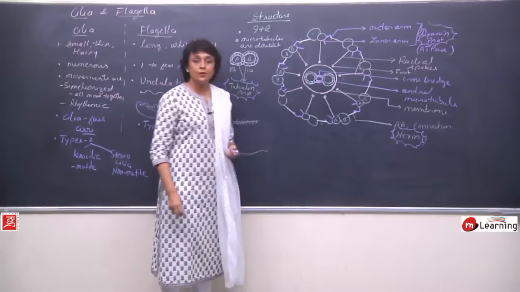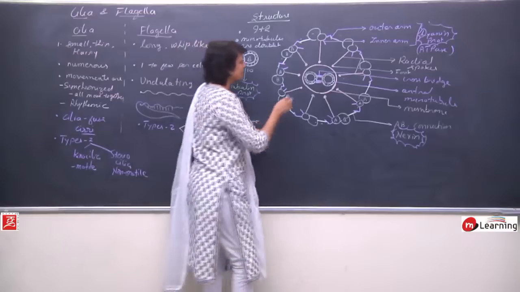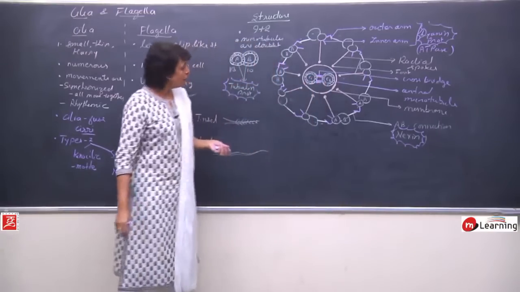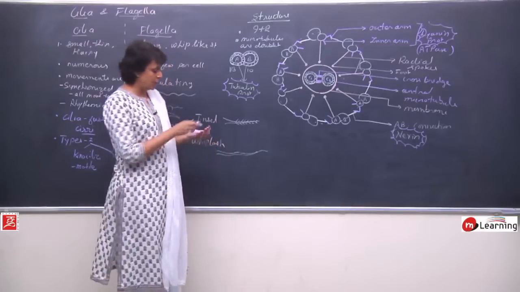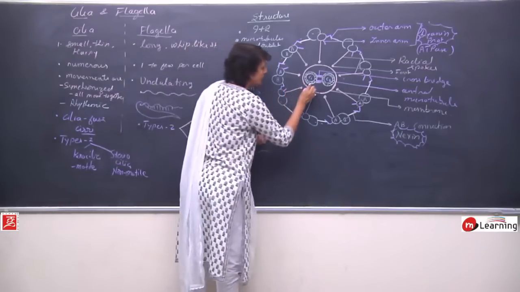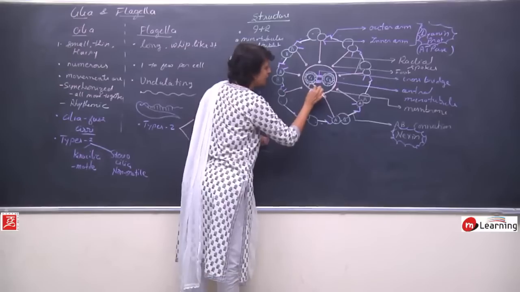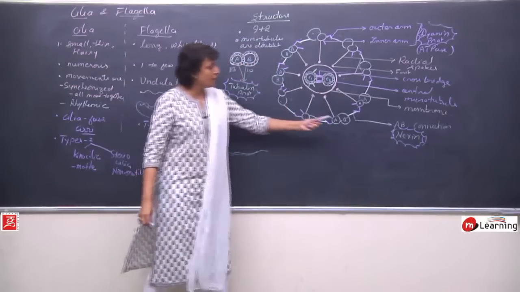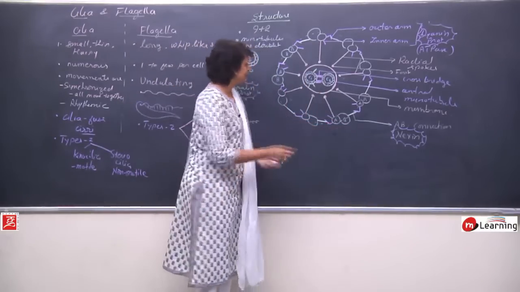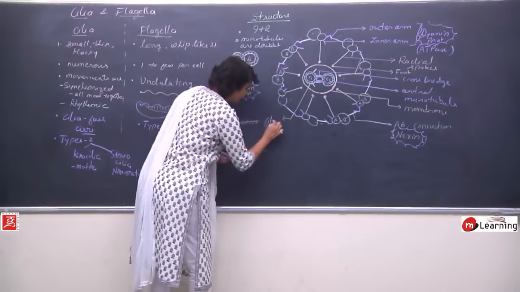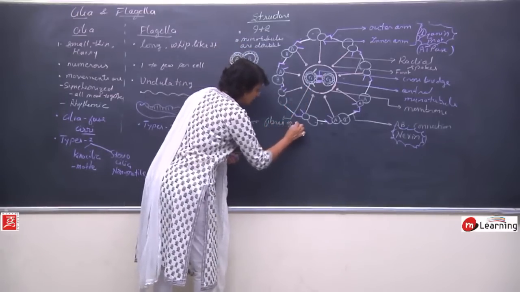These two central microtubules are known as C1 and C2. How do we differentiate C1 and C2? It is a very simple thing. From C1, there are some fibers which radiate. These fibers are also made up of the same protein, nexin. So these are fibers of C1.